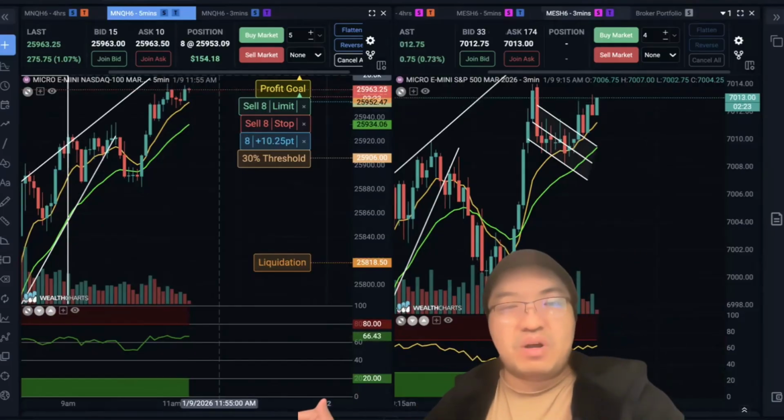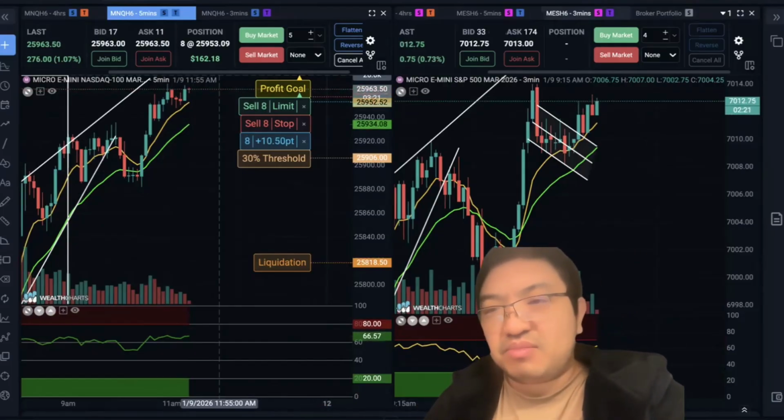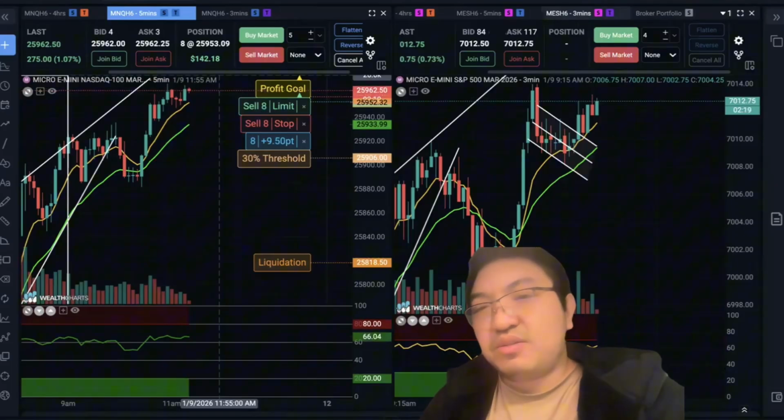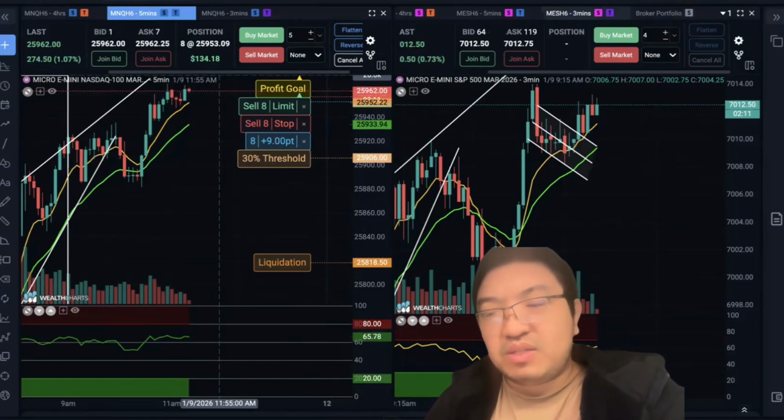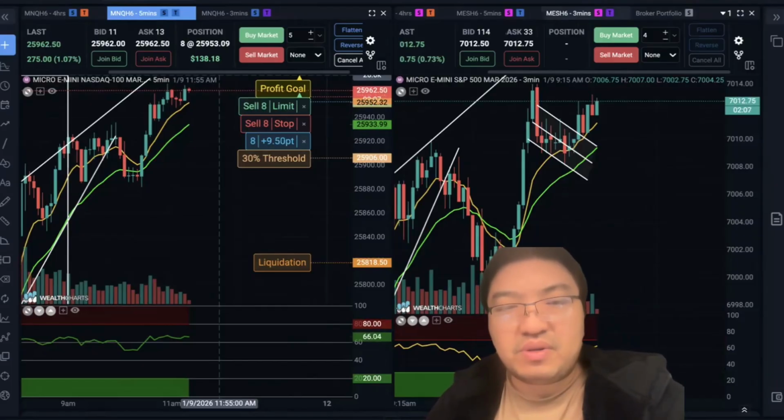And NQ will probably lag behind a couple of minutes, sometimes 10 to 15 minutes, but our trend should be the same. It still does not create a higher high. If it creates a higher high, I can be more confident and move my trailing stop loss.